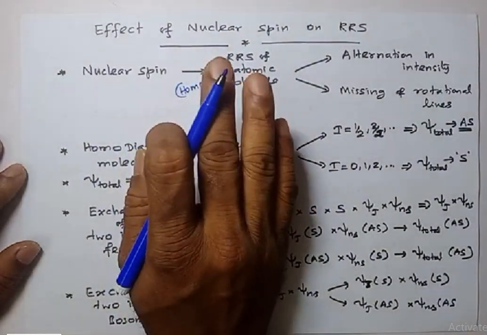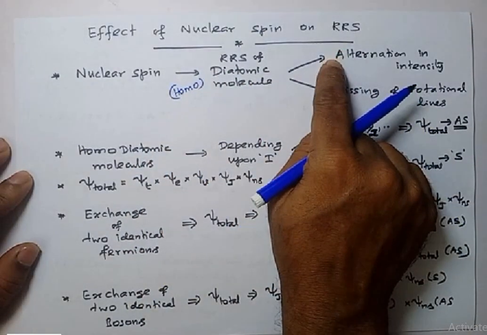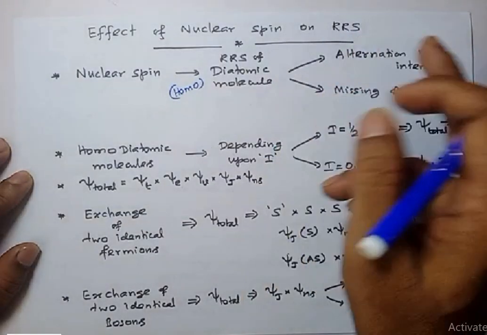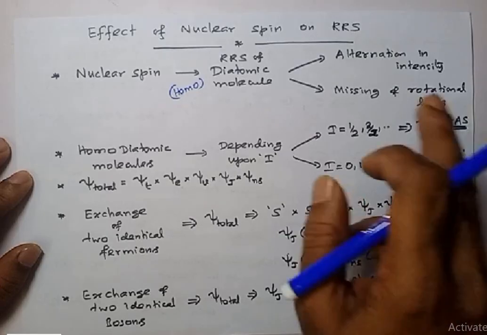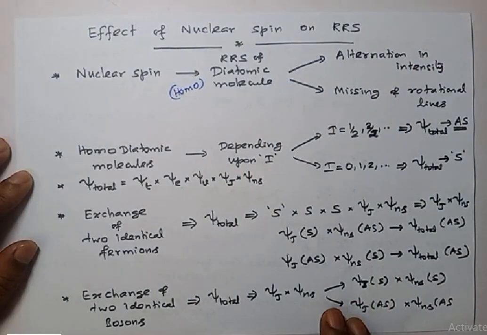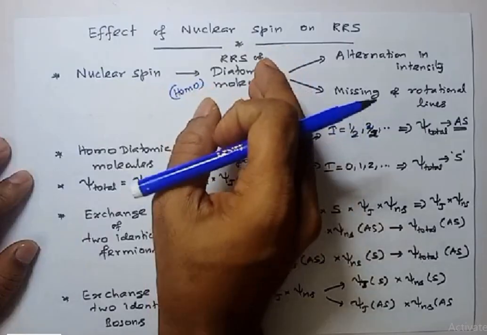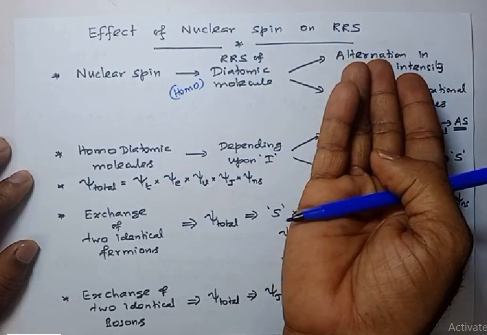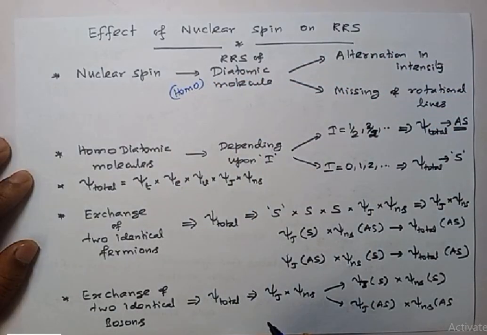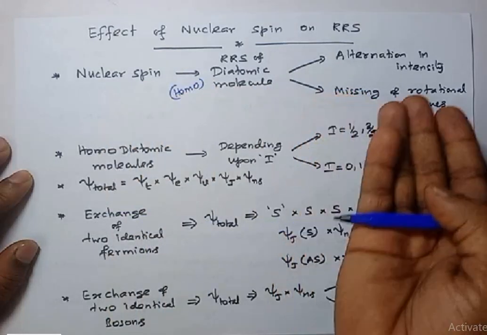How will it affect? Usually it affects in two ways. First, there may be alternation in the intensity of the lines, or there may be missing of rotational lines. So nuclear spin either alternates the intensities of adjacent lines, or it may cause missing of rotational lines.